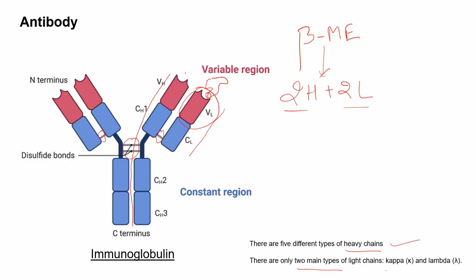Similarly, we have another variable region in the heavy chain, which we call VH. So this is the variable heavy chain and the variable light chain. Then we have a constant light chain, where C stands for constant, and then the heavy chain. There are 3 domains of the constant chain, which we call constant heavy 1, 2 and 3. So there are 3 constant regions in the heavy chain.